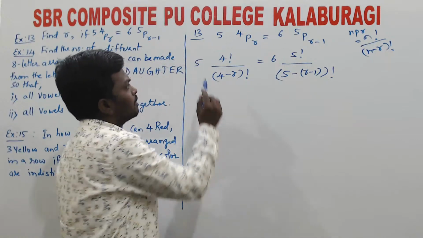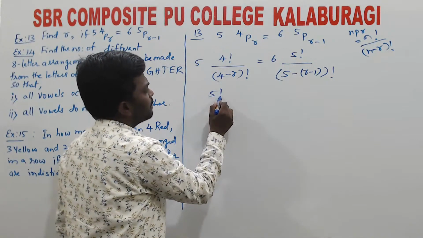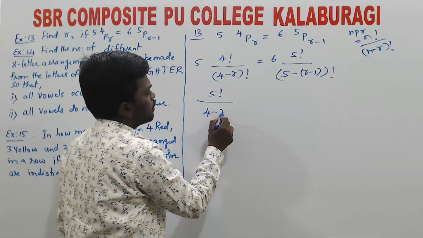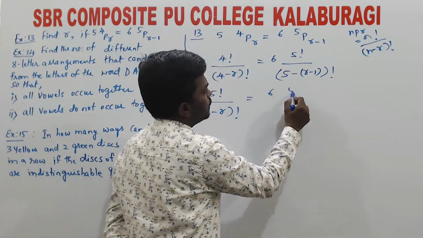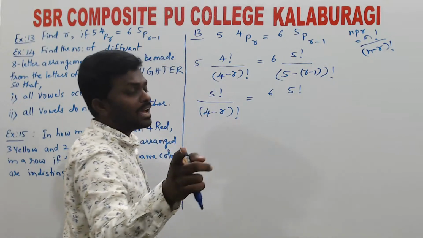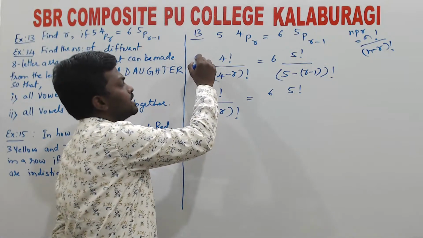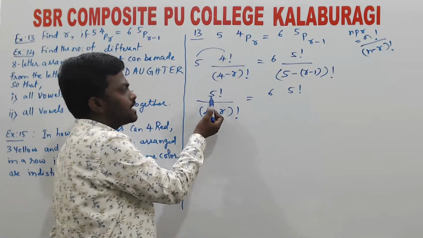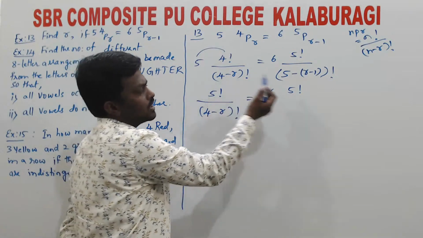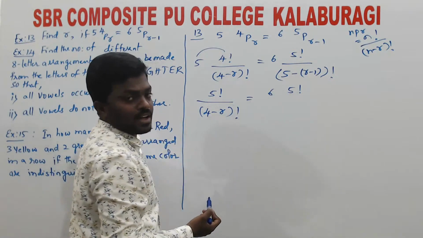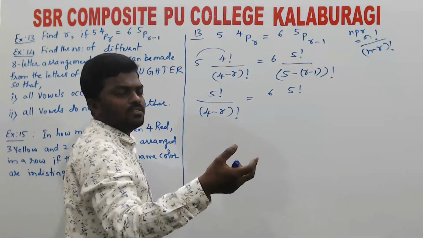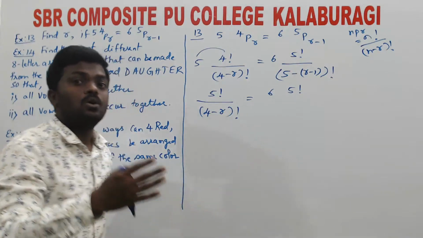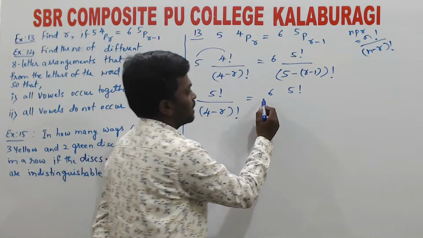So can I write 5 into 4 factorial as 5 factorial divided by (4 minus r) factorial, which is equal to 6 into 5 factorial? You might have understood why I have written 5 into 4 factorial as 5 factorial, because on the RHS I have my 5 factorial. So left hand side and right hand side, we have similar terms. If we have similar terms, it will be easier to cancel them and simplify, right?